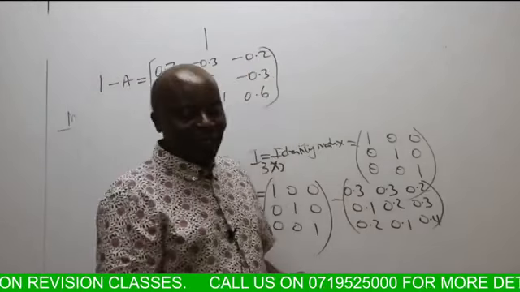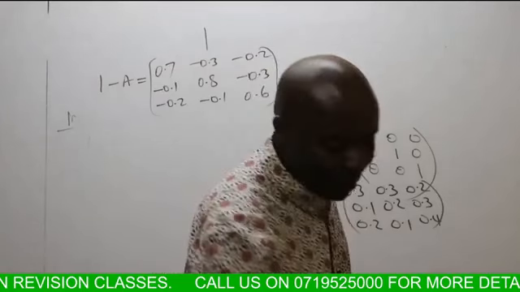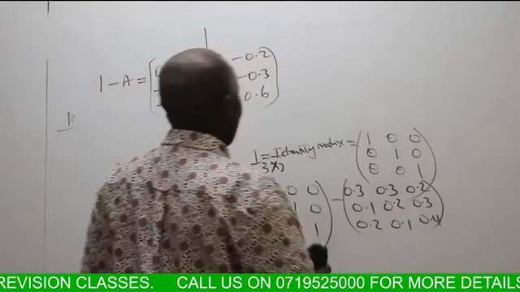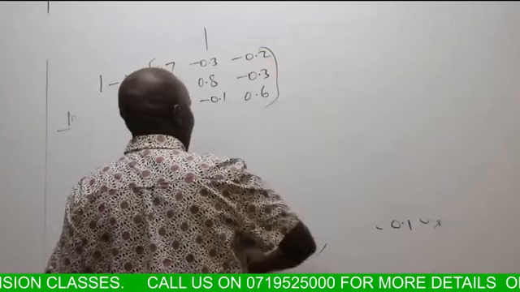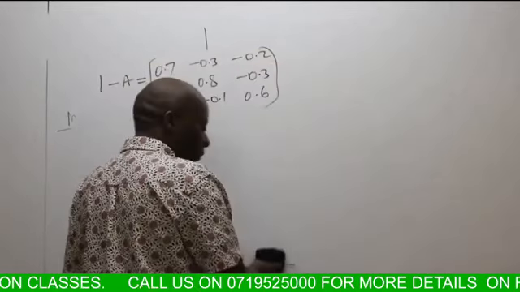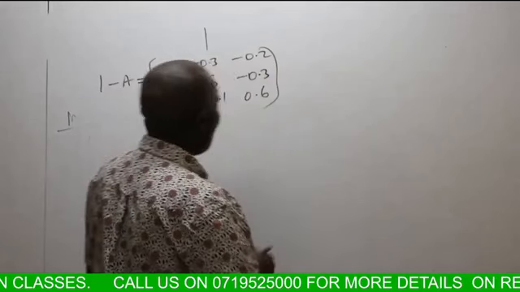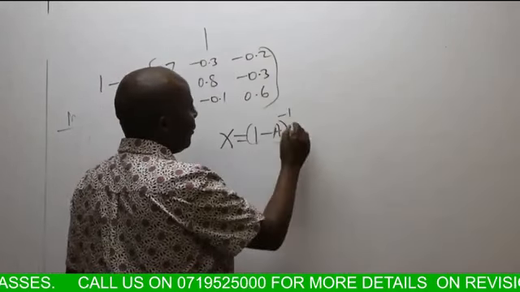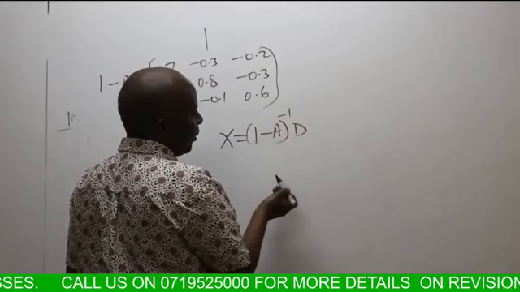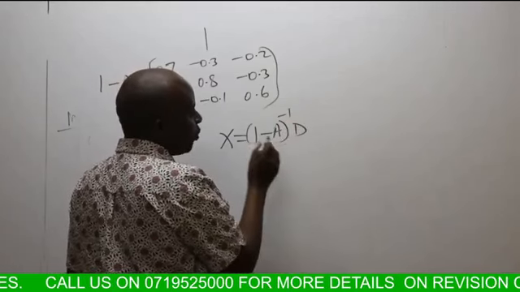But don't forget the equation. Remember, there is something that we are after. If you remember this Leontief's thing, we have our X being equal to (I minus A) inverse times D. So this I minus A inverse is what we want.